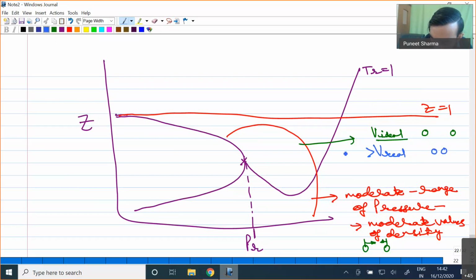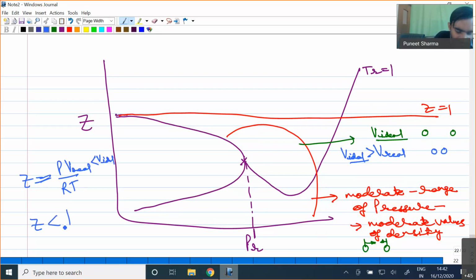So V real will be less than V ideal. Now we know that Z is equal to PV by RT, and it is equal to 1 when V is V ideal. If we substitute V real, which is less than V ideal, then obviously our value of Z will be less than 1 in this zone. Is this point clear? Yes, sir.